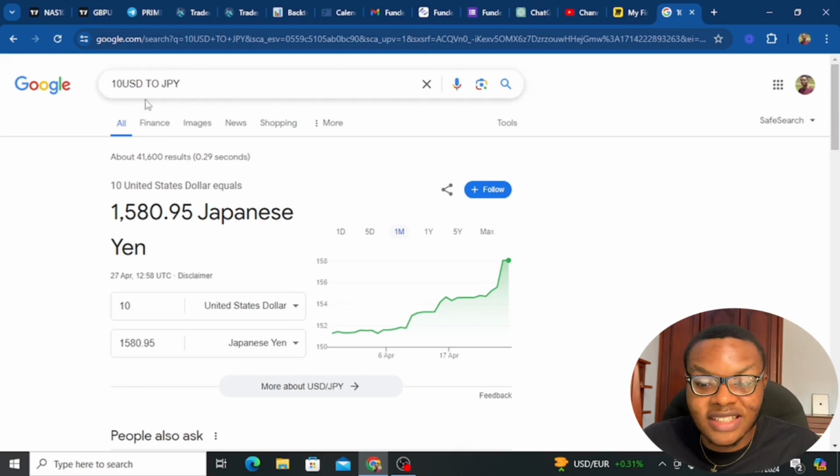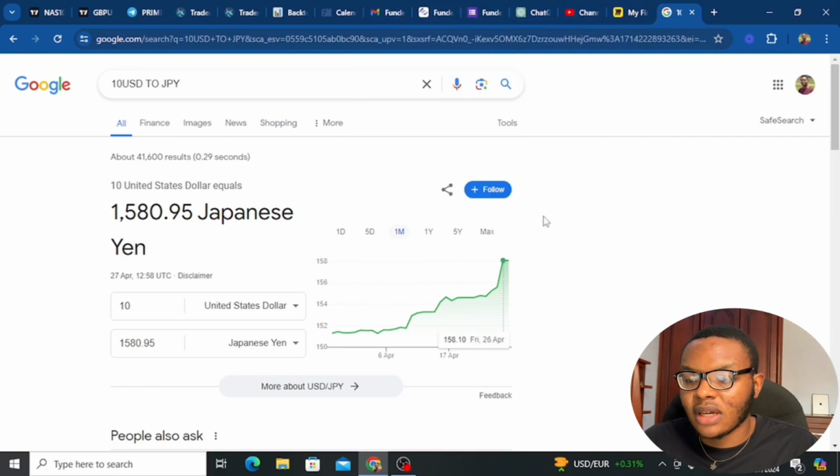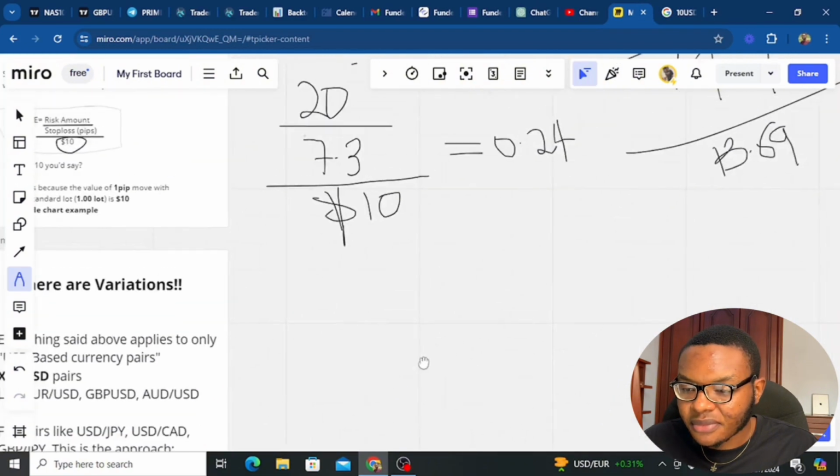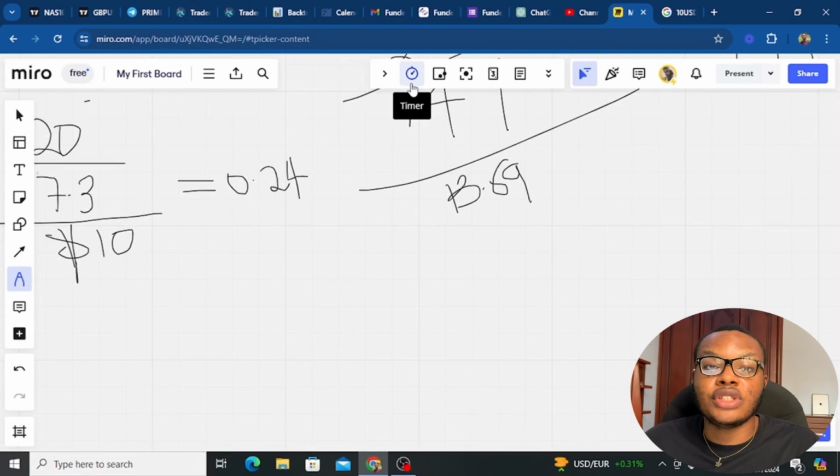So basically, it gives you 1,580 Japanese yen. I don't know people who trade GJPY. I don't know how they do it, but I don't like the pay at all. So if you have to trade GJ, that's what you have to do.